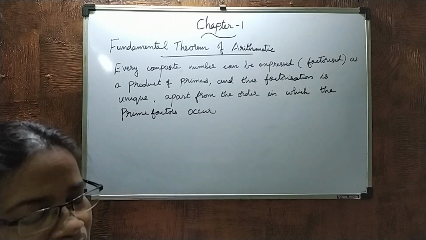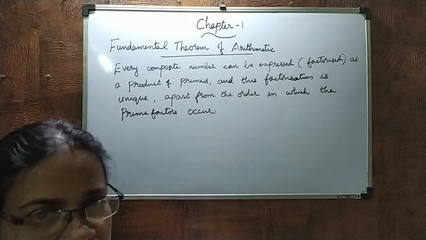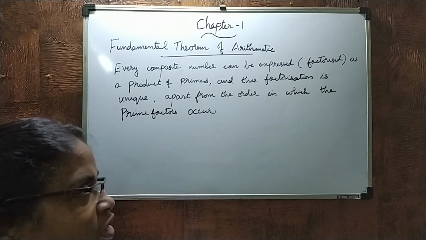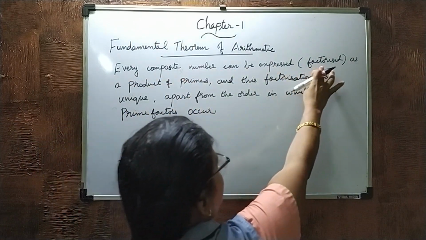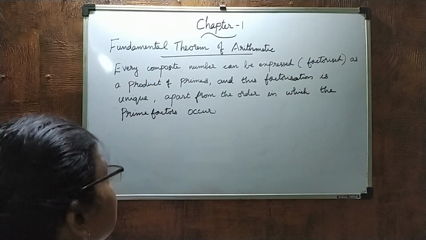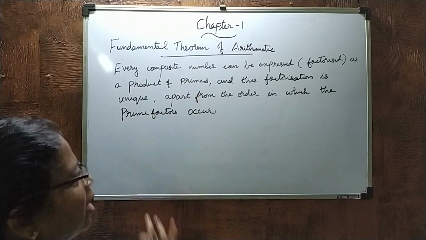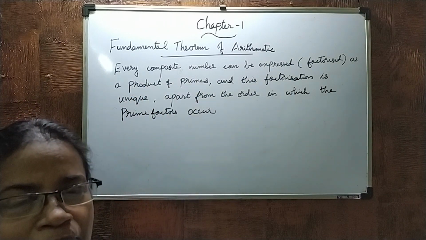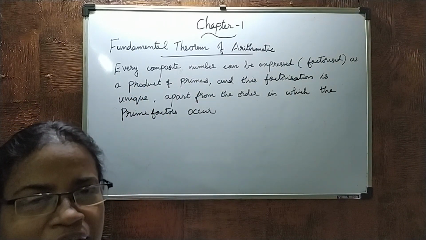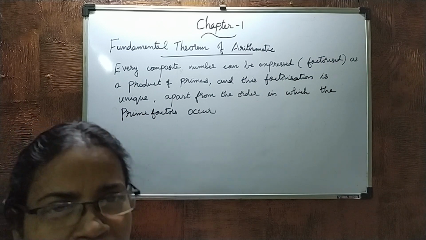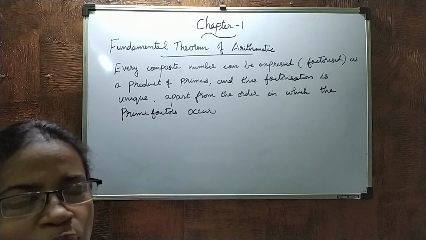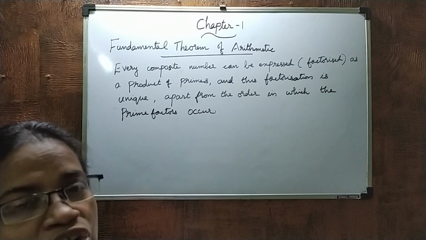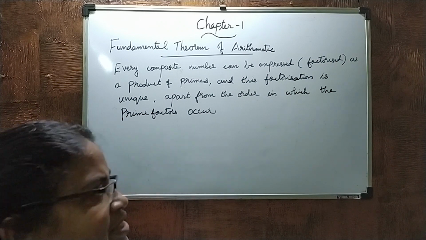That means you have to remember the composite number, then the factorization, then the product of primes. That means a composite number will be the product of prime numbers when it is factorized.